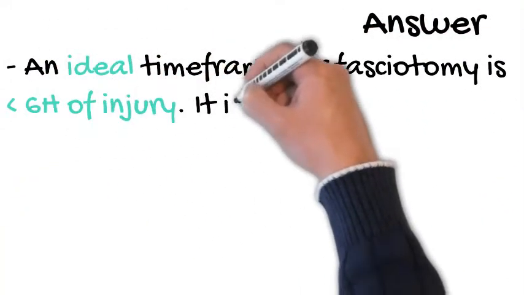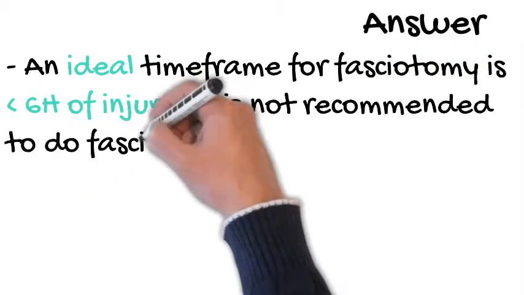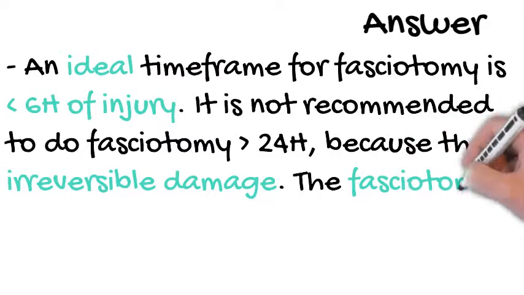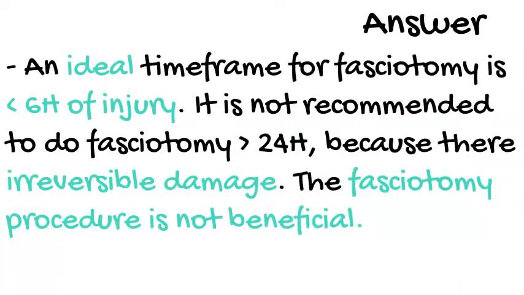An ideal time frame for fasciotomy is less than 6 hours of injury. It is not recommended to do fasciotomy more than 24 hours after, because there is already irreversible damage to the muscle and nerve that has occurred.